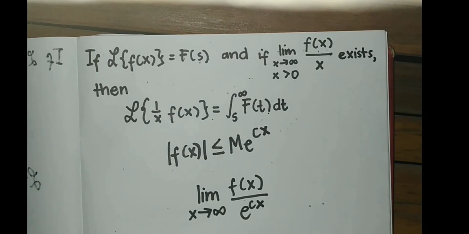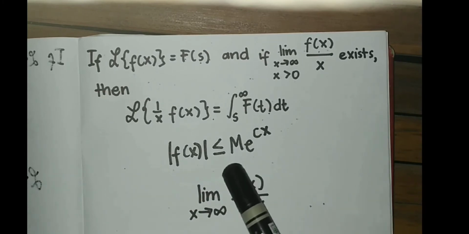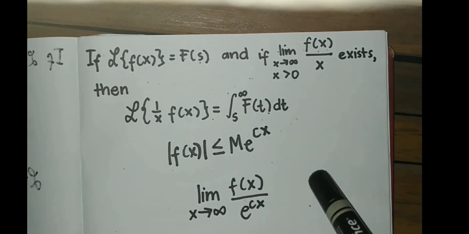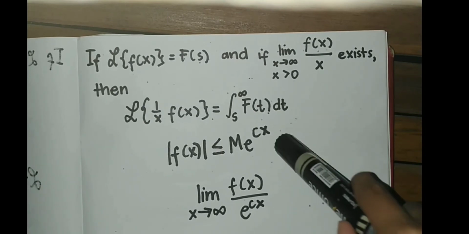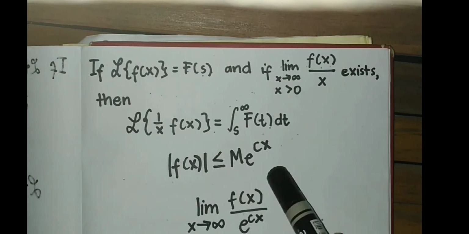The function f of x is of exponential order if, as x goes to infinity, the absolute value of f of x is less than or equal to M e raised to cx, where M and c are constants, for sufficiently large x.